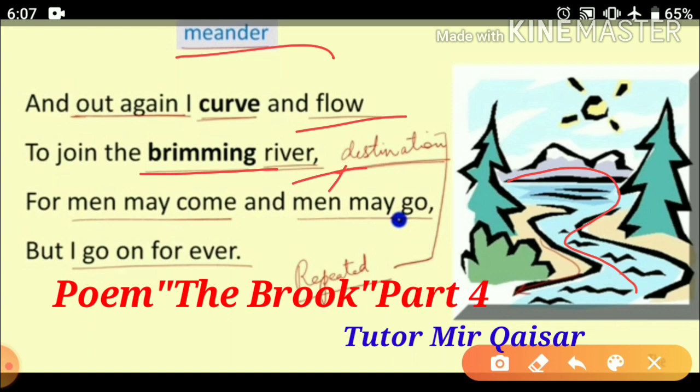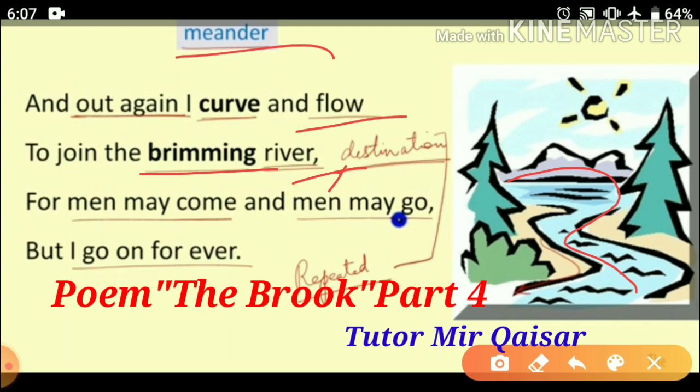For man may come and man may go, but I go on forever. Man comes when they take birth, and man goes with their death. But the brook says that I go on forever.